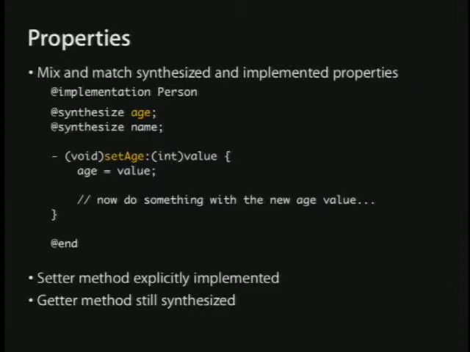Even though we have the synthesize up above, we can still implement set age. We have to do the manual work of doing the assignment that the automatically generated synthesize would have done for us. But then we can do whatever else we need to do below that. So here's a case where the getter method is still synthesized, and our setter is overridden.